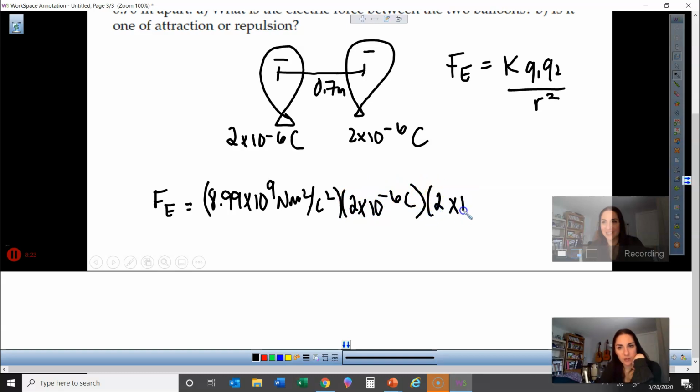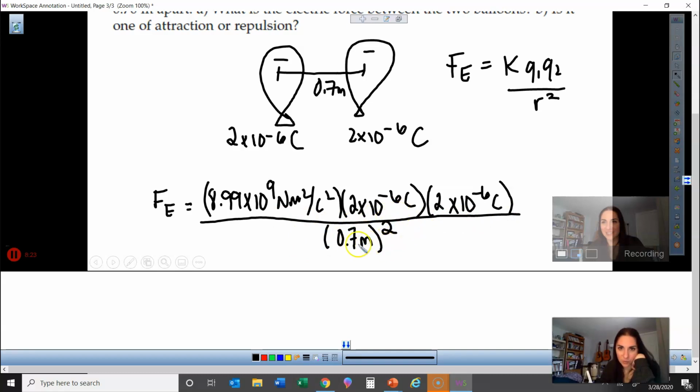Now, if you want to shortcut this, you could just square the charge, not double, because it's multiplied. We're squaring this distance. Most common mistake is forgetting that squared. So be careful with that.